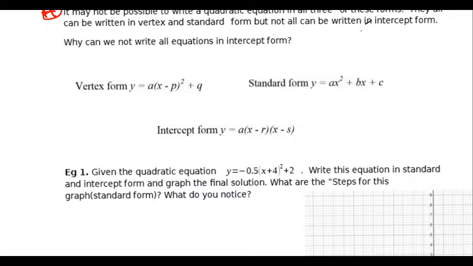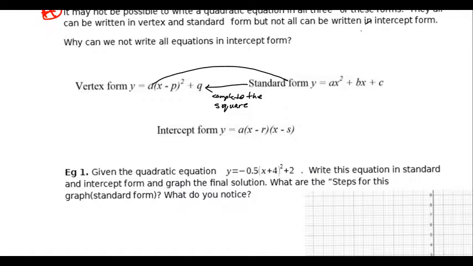To move from standard to vertex form, you have to complete the square. For going from vertex form all the way over to standard form, we have to do the following.